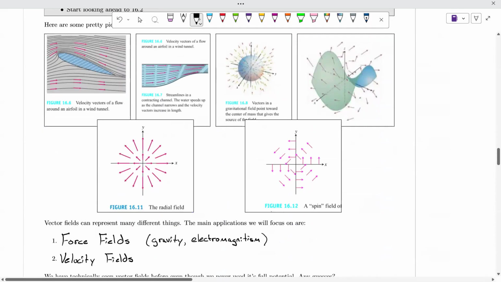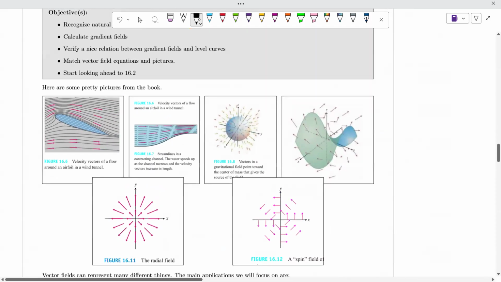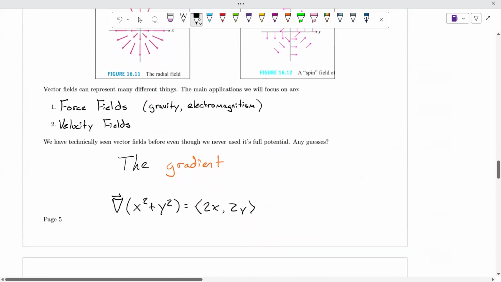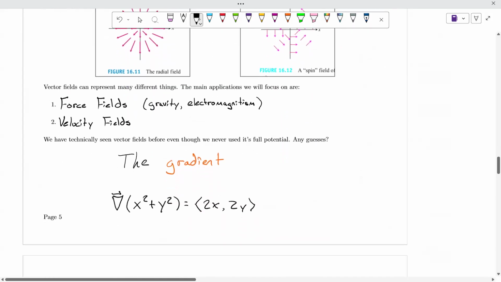But now into the fun stuff. Just sketched out or grabbed a few example pictures from the textbook. So we'd have a few things that we can look at. But for the most part, we're going to be using vector fields to be representing either a force field or a velocity field.